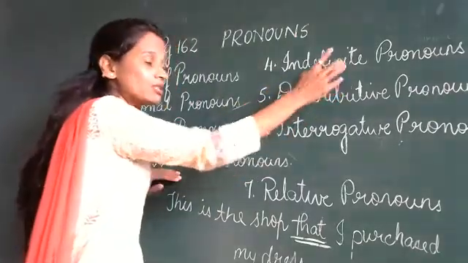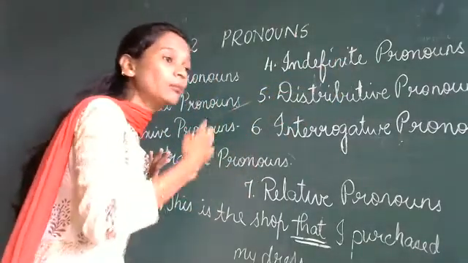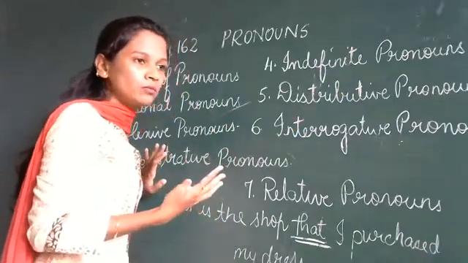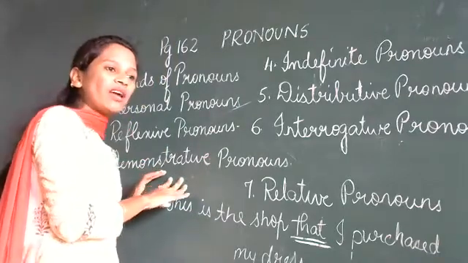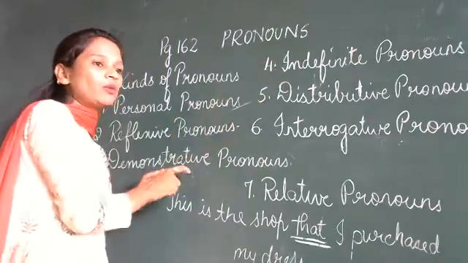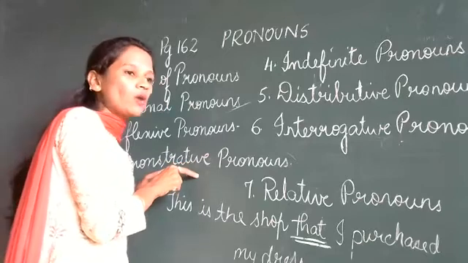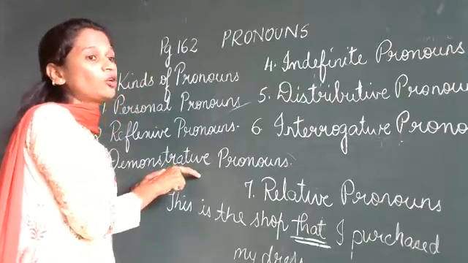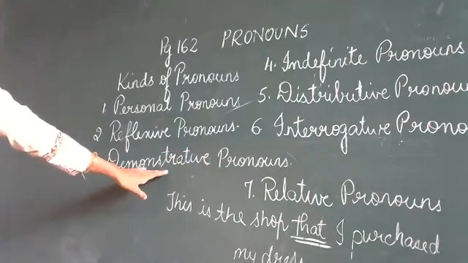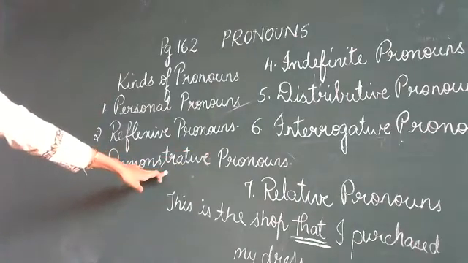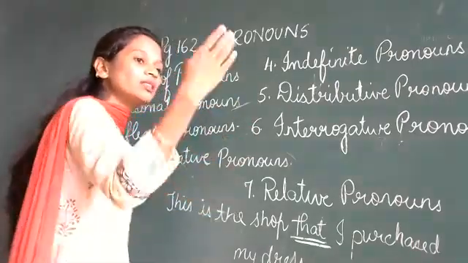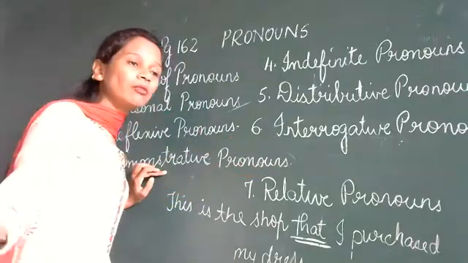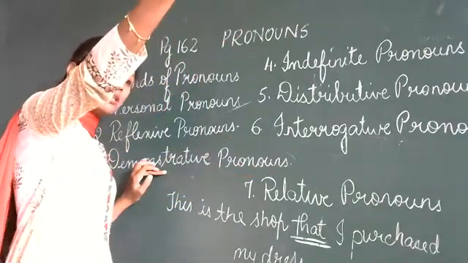But indefinite is where we use some, many, more, few. Did you get me? Demonstrative pronouns are wherein we are using to point out a noun. That is, this is my pen, that is my book, this is my computer, these are pink flowers, those are the school bus.